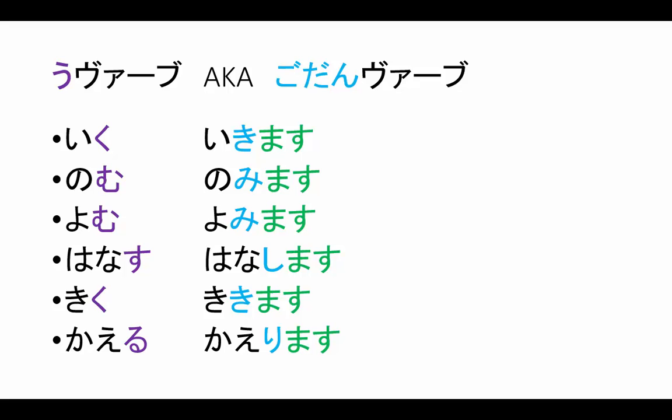Okay, so what about sushi? Sushi o tabemasu. I will eat sushi, or I eat sushi, right? Some people don't like sushi, so they could say sushi o tabemasen. I don't eat sushi. Kohi o nomimasen. I don't drink coffee.